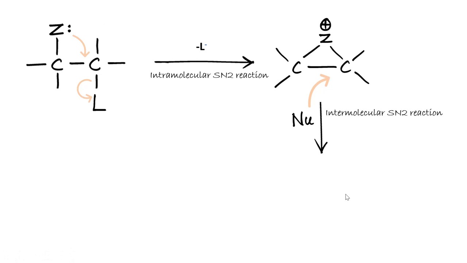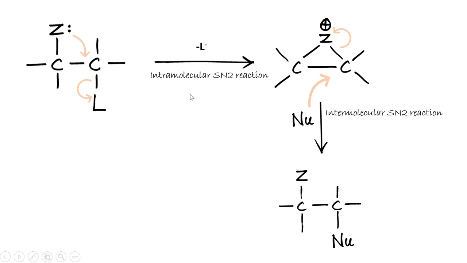The electrons from this Z-C bond shift onto Z, and Z restores its electron pair. Then after the intermolecular SN2 reaction, you get the last product, as this. Here you can see Z is present on this carbon, and in the reactant molecule it is also present on this carbon, so the position of Z is not changing. At the initial stage, the leaving group is present on the second carbon; now the nucleophile has replaced that position and is present on this carbon.